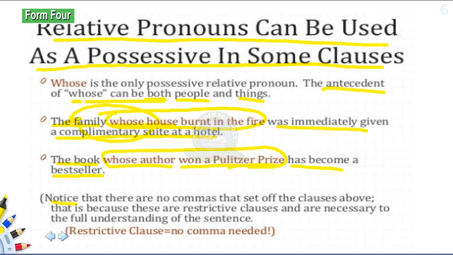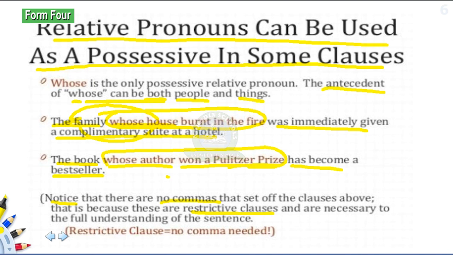Notice that there are no commas in the clauses above. There is no comma in here, so we cannot use a comma. That is because these are restrictive clauses. You know, there are two kinds of clauses, restrictive clauses and non-restrictive clauses.